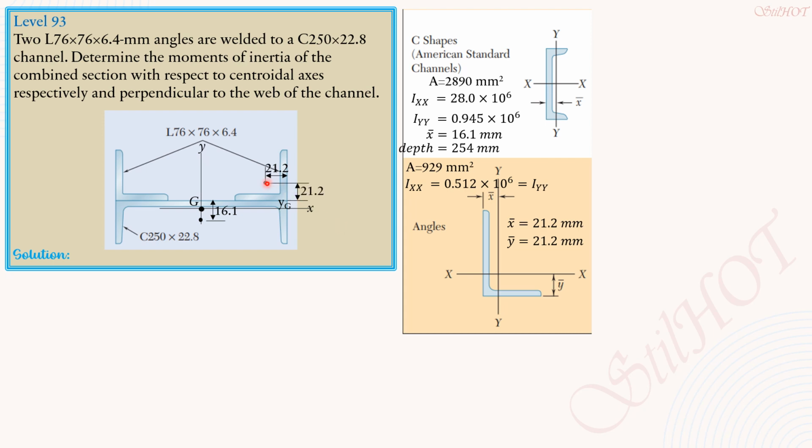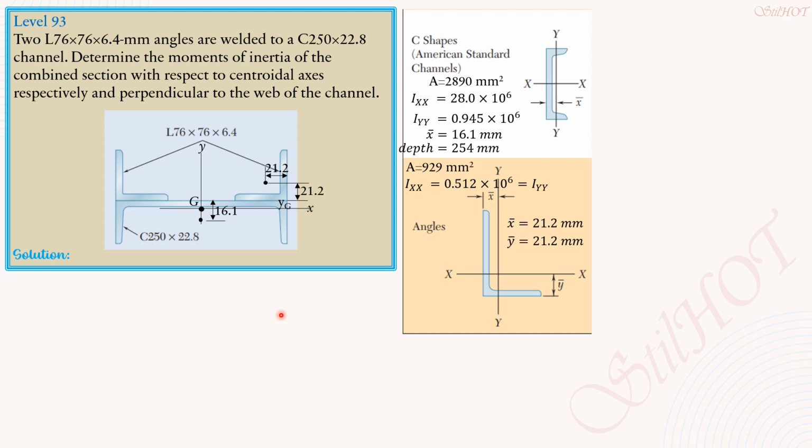So the distance of the centroid of each angle from the y-axis is simply half of the depth of the channel, 254 over 2 minus 21.2. For the moment of inertia later, we transfer the moment of inertia of the angle from its centroidal y-axis to the centroidal y-axis of the entire area.